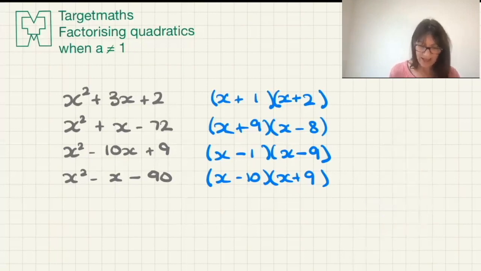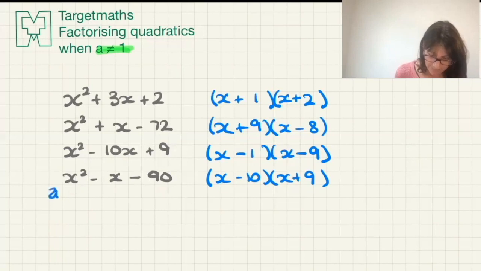Now let's go back and talk about this a equals 1, or a does not equal 1, okay? Each one of the terms in a quadratic is given a letter, basically A, B, C. And you'll see why in, I think, session 3. So we've got here, this quadratic, this bottom one, the A value is an invisible 1.